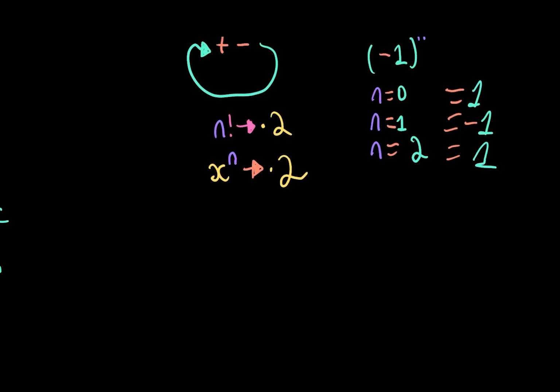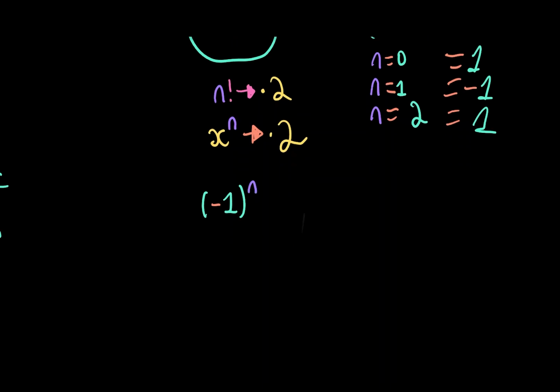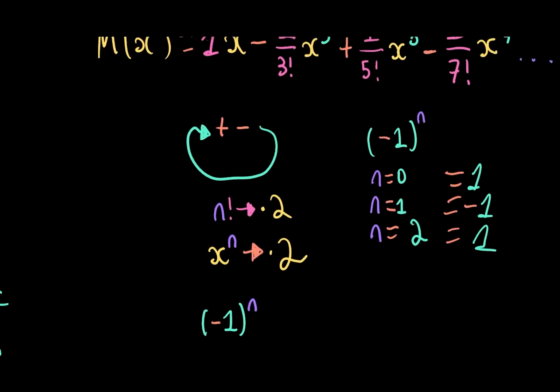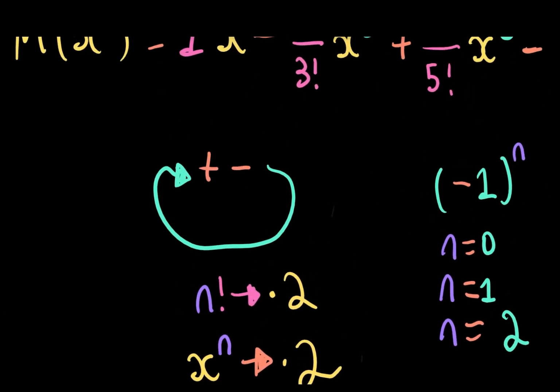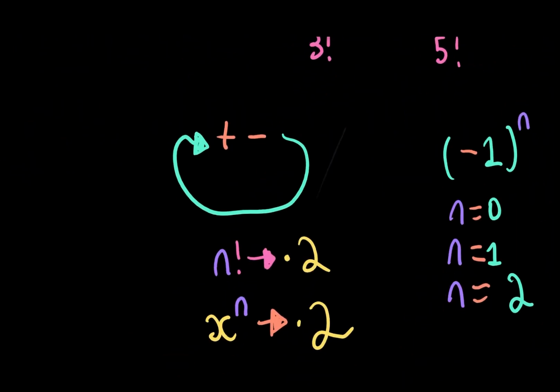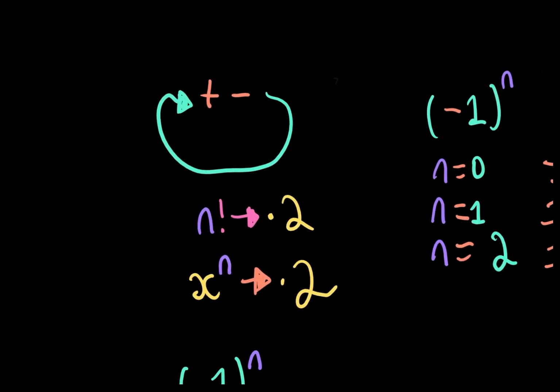Okay, so that should be in our summation equation. All right, so let's write that down. Negative 1 to the power of n. Okay, that's only part of the problem. Next, we notice that our factorials at the bottom are increasing by 2 every time.